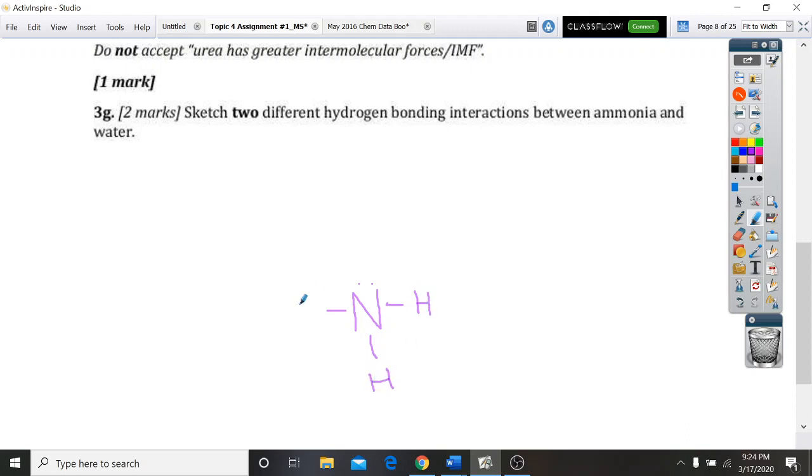And can you tell what's positive and negative? This is going to be the negative end, and all of the hydrogens are going to be positive since they are lower in electronegativity.